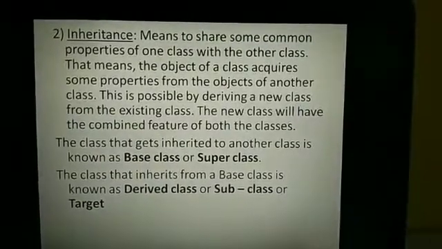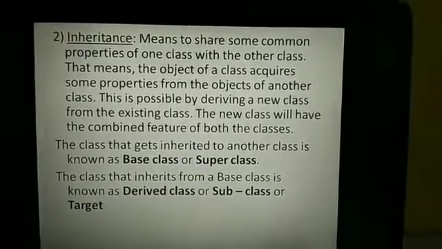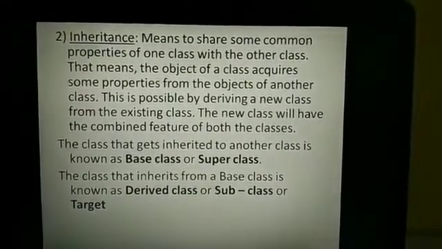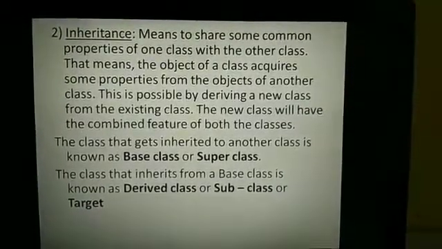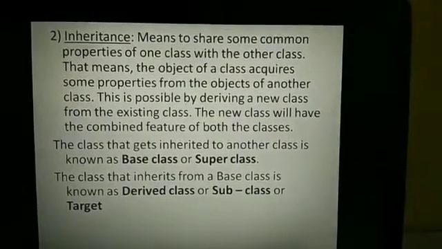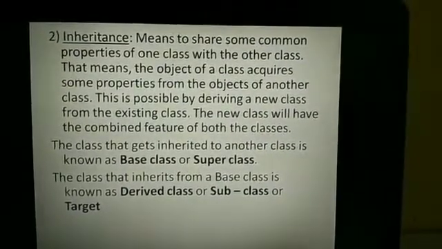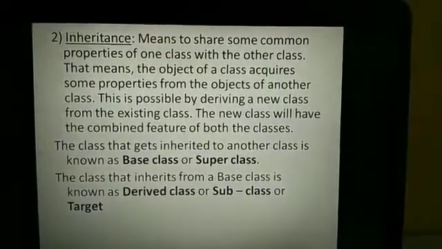This is possible by deriving a new class from the existing class. The new class will have the combined features of both classes. Now, give me an example of sharing the common properties of one class, some properties from the object of another class. What example can you give?